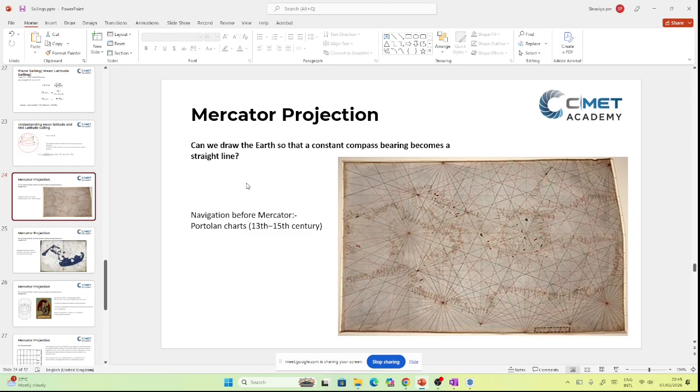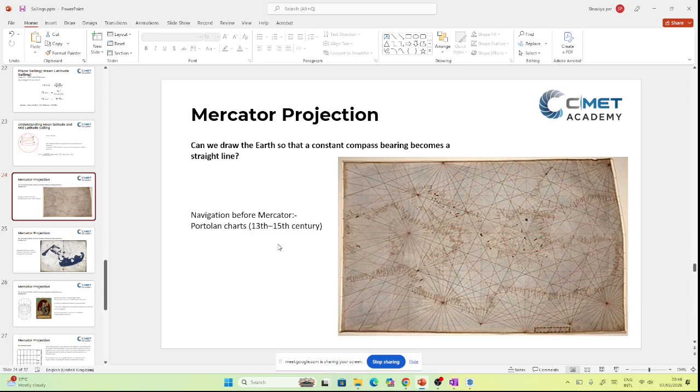Yes, sir. Okay. So before, there were different types of charts like photo charts in the 13th and 15th century, not BC. And I'm sure as navigators, the Sri Lankan navigators were running ships more than 3,000 years ago.